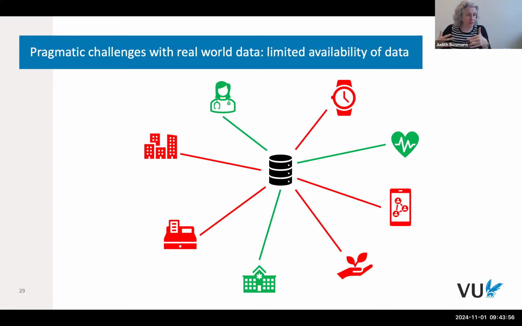There's more and more evidence that the environment that we live in also influences our health, so it might also be interesting to use that kind of data. So there's a limited availability of the data that we can link to inform our cost effectiveness analysis.